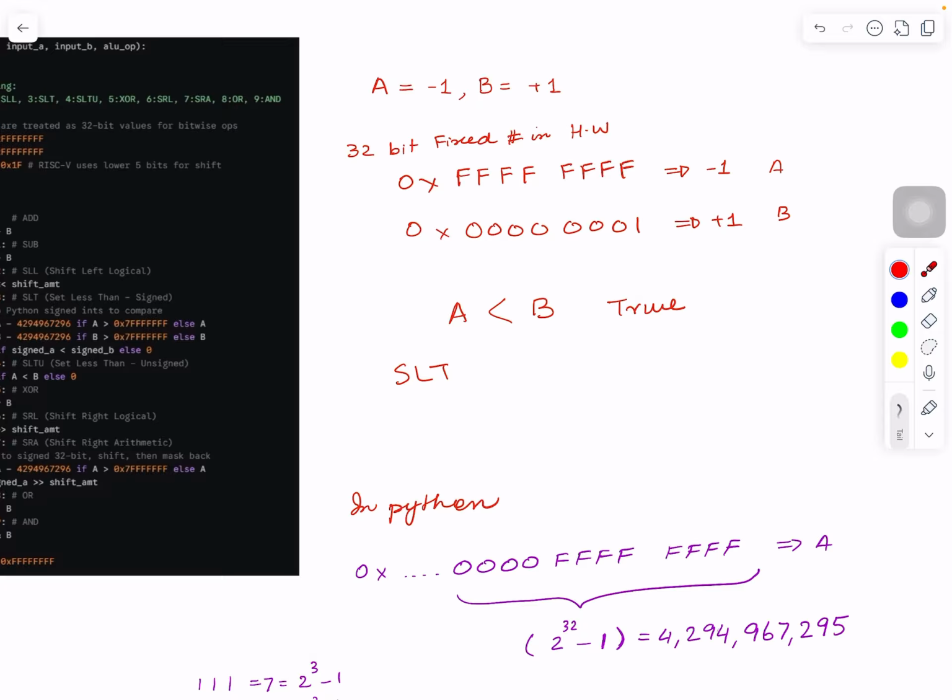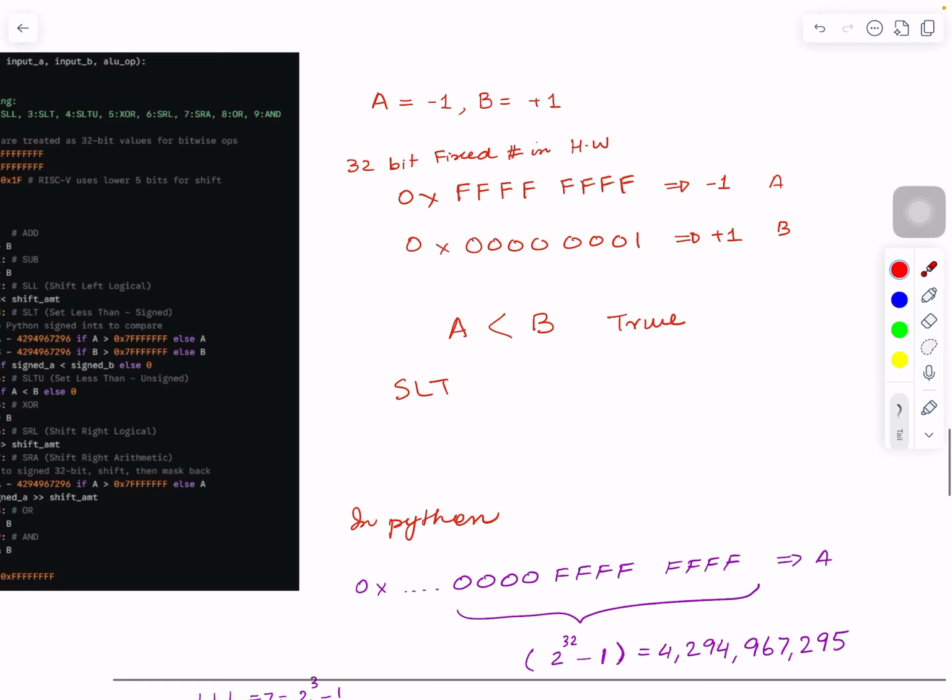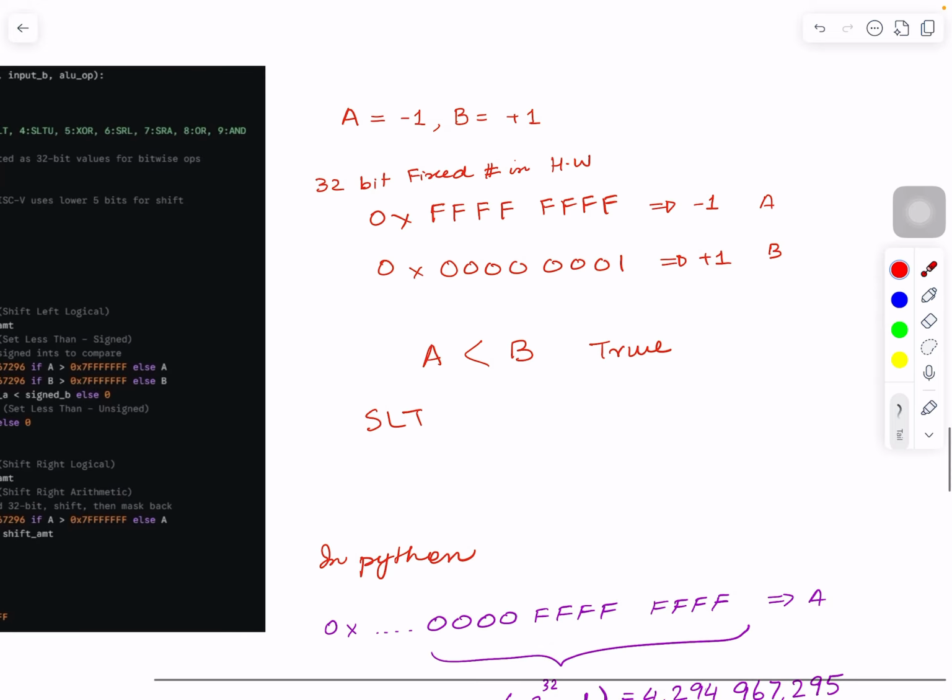So when these values come in, always remember that if it's a signed number and all of them are 1s, it becomes -1. It doesn't matter what the length is.